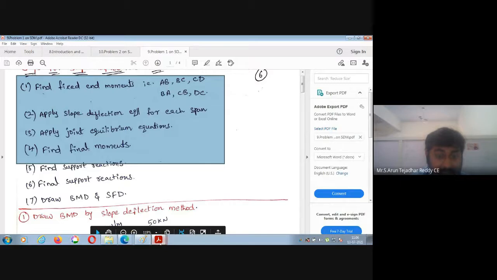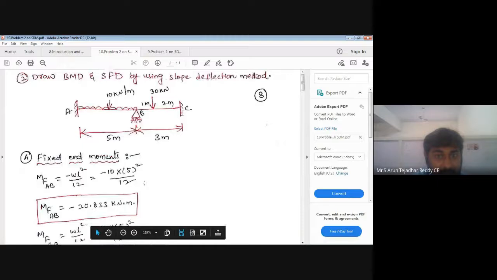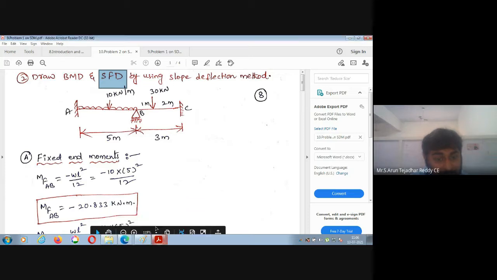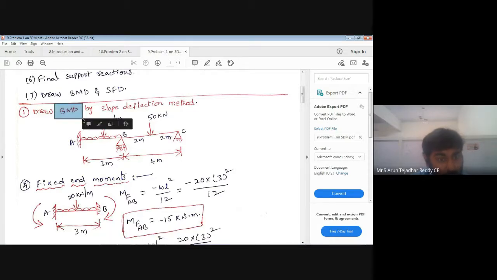In the second problem, he mentioned to draw the shear force diagram also. So find out support reactions. In problem number 1, it is only draw the bending moment diagram.